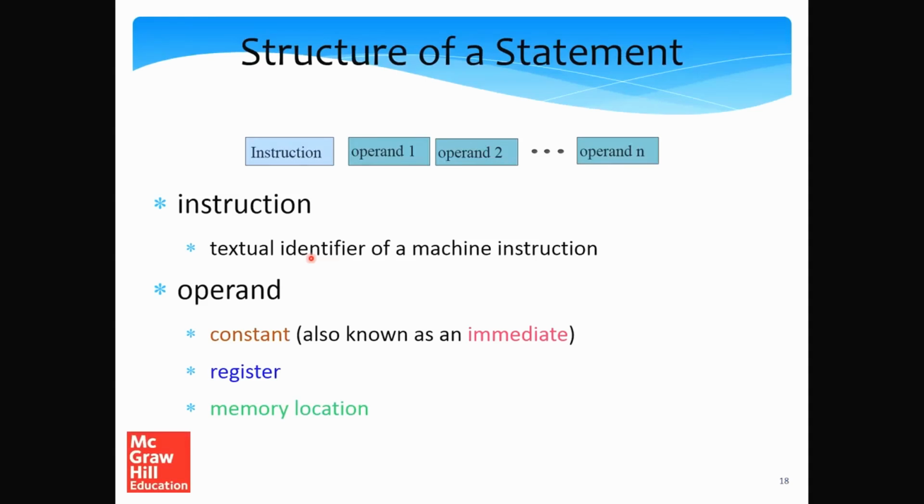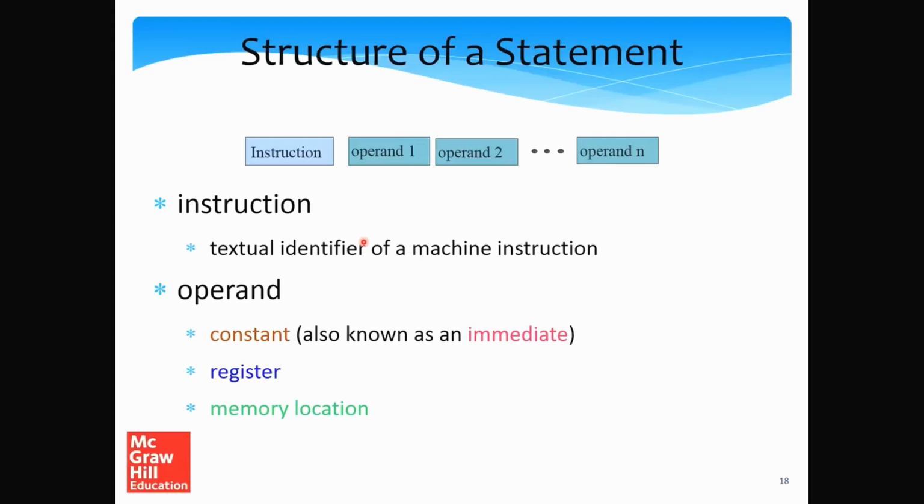The structure of an assembly statement is typically like this: we have an instruction and then a list of operands, which are the arguments of the instruction. Each instruction, as described before, corresponds to typically one machine instruction, and the operands can be of different types. For example, they can be a constant. A constant is also known as an immediate.